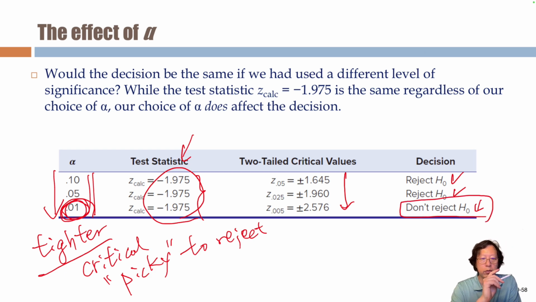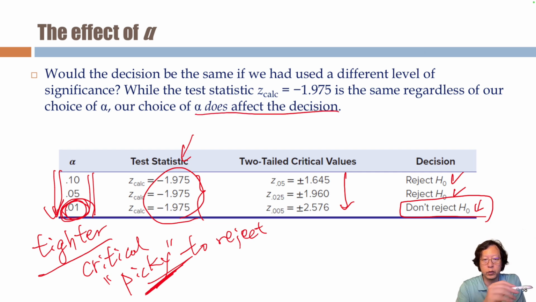As you decrease alpha, you have a smaller chance of a type 1 error. So alpha does affect the decision.